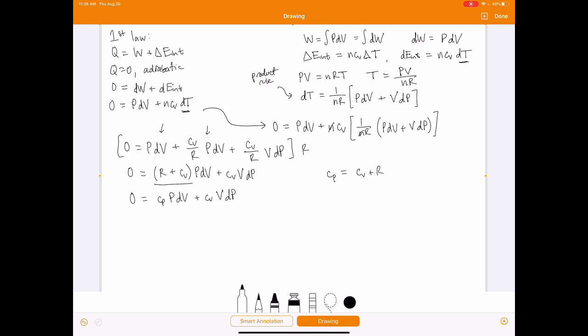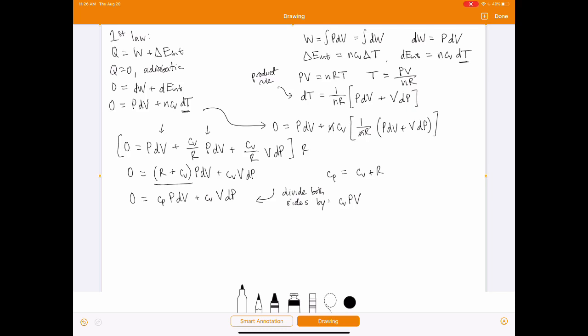Now let me explain what I'm going to do next. I want to divide on both sides by CV times P times V, so the specific heat for constant volume times pressure times volume.